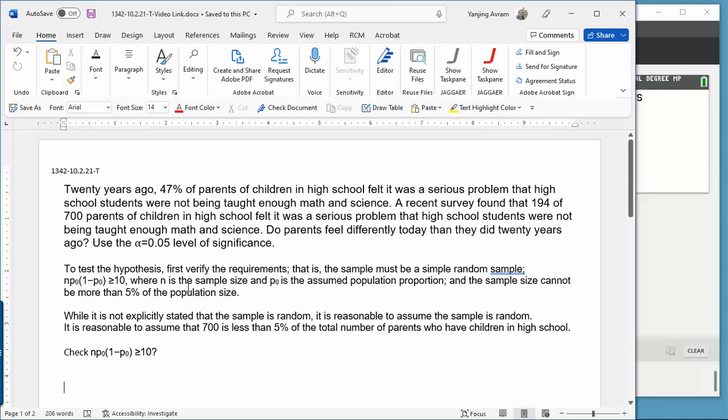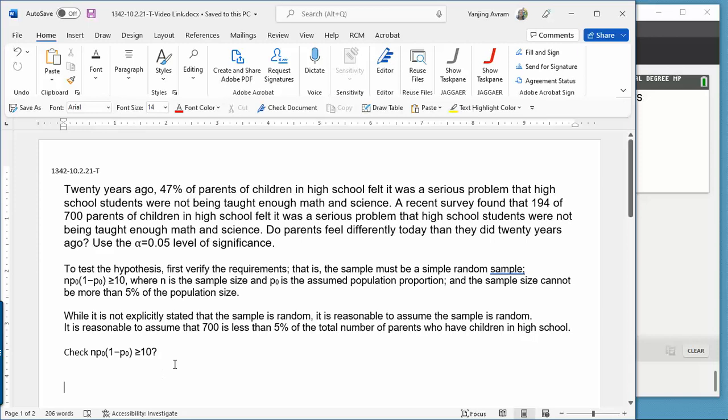That means there's enough sample size to do this kind of hypothesis test. We do not know this one. It didn't explicitly say that the sample is random, but we can assume that it's a random sample here. We also can assume that 700 is less than 5% of the total number of the parents who have children in high school.